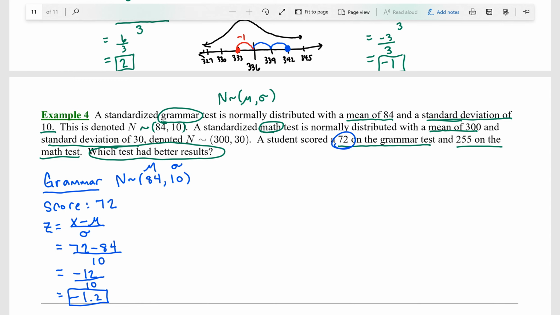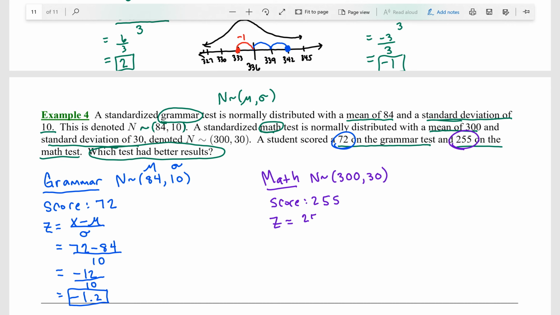Now let's do the same thing for the math test. The math test, we are told, is normally distributed with a mean of 300 and a standard deviation of 30. So two very different grading scales. This student made a 255 on the math test. So we're going to find the z-score for the math test.